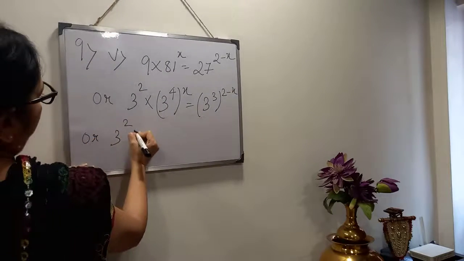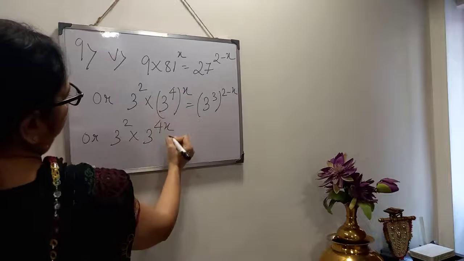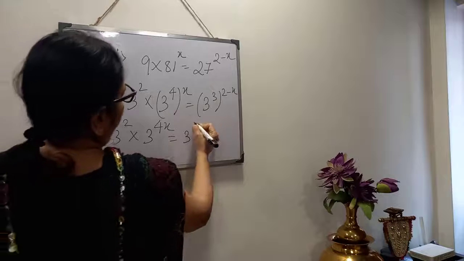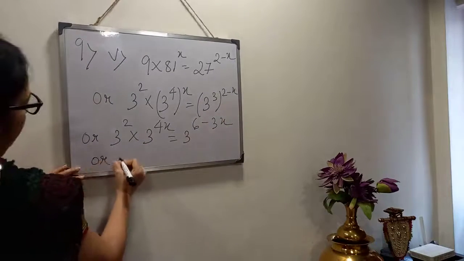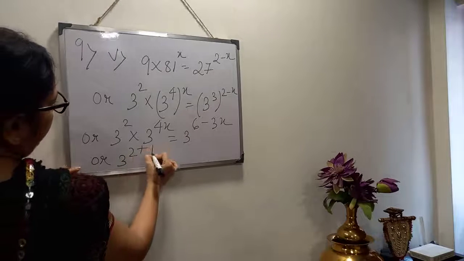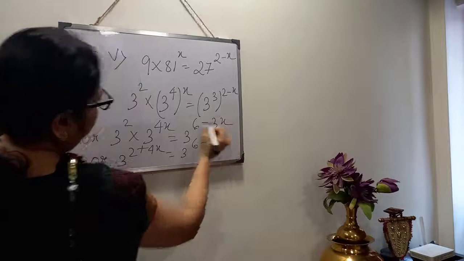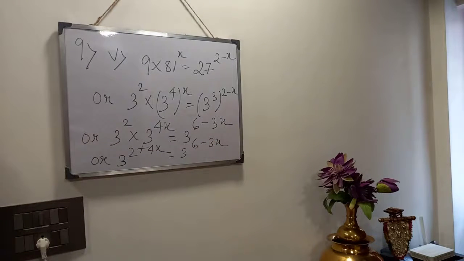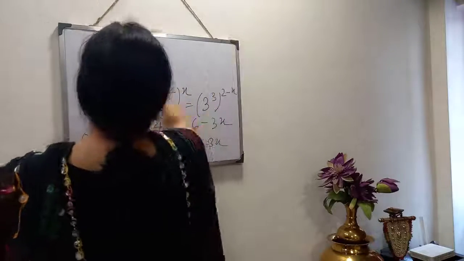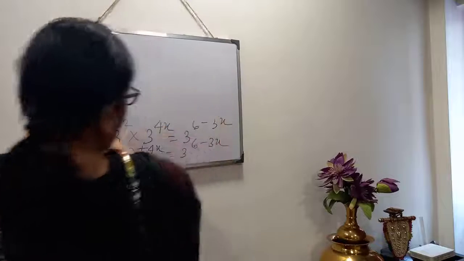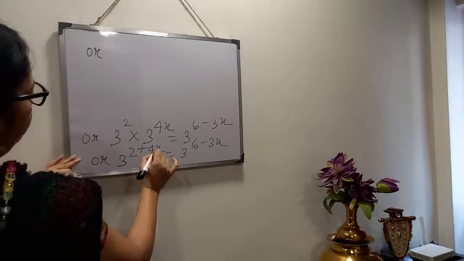Now by the rule of laws of indices, we can write 4x. Right hand side we can write 6 minus 3x. In multiplication we can add powers, and right hand side already it is in this form. Now from both sides base is same, therefore we can write, you will write down in all the sums, base is same, clear?